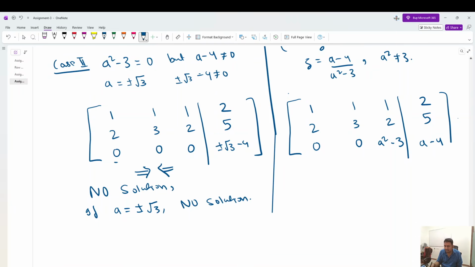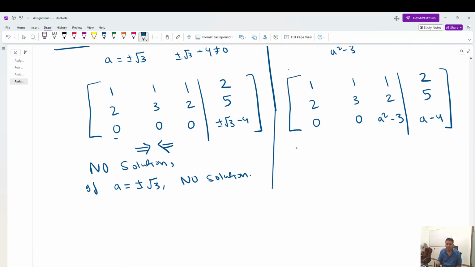You can in fact simplify this matrix further if you explicitly want to see what the solution is. So make this 0. We'll multiply 2 in the first row and subtract, R2 minus 2 R1. So this will be 1. This is 1 already.